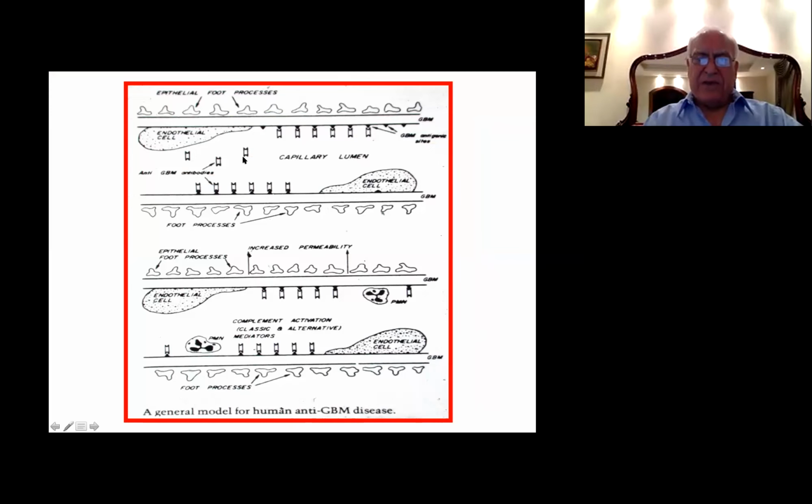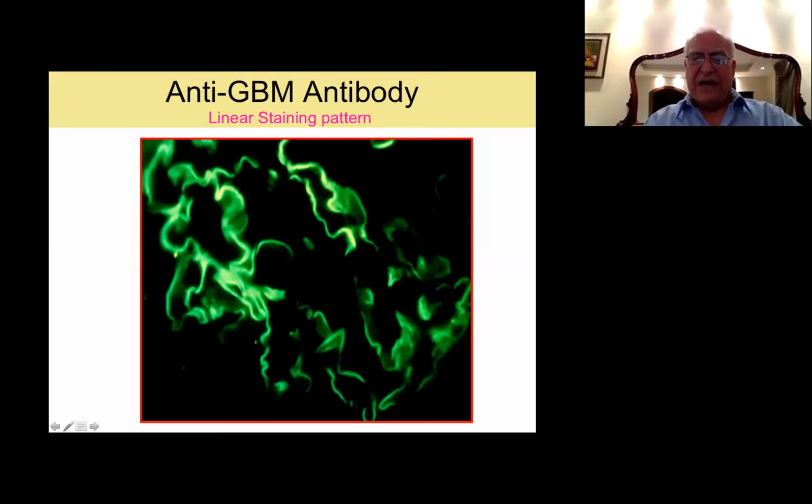The antibodies present in circulation have a specific site of binding, not random, to the basement membrane. So look what will happen here. They will attach to the basement membrane, they cause damage to the basement membrane, and that will be reflected in a nice linear staining of the capillary basement membrane.